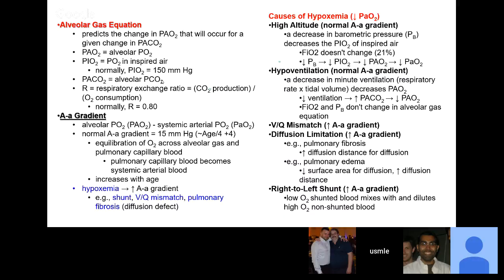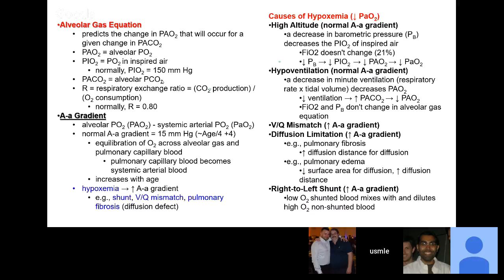Keep that in mind. This is a question. Normal alveolar-arterial gradient. Remember, by definition, hypoxemia is the decrease of the pressure of arterial oxygen.